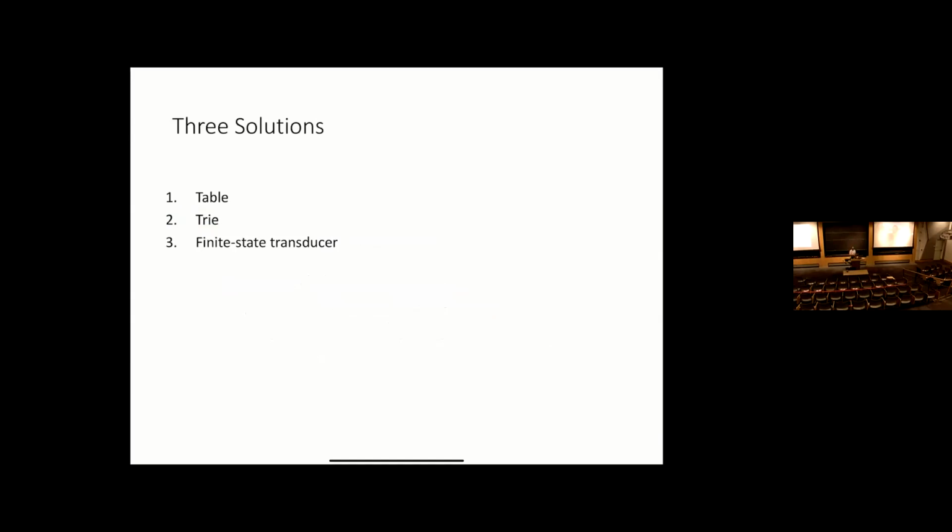One option is a table, a trie, and a finite state transducer. Yeah, what is a table?